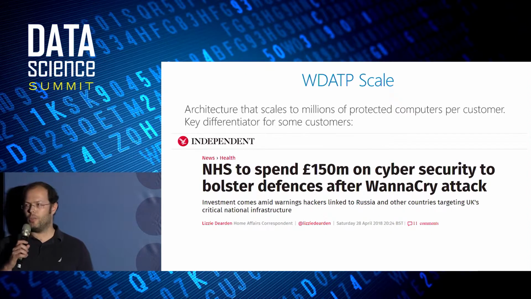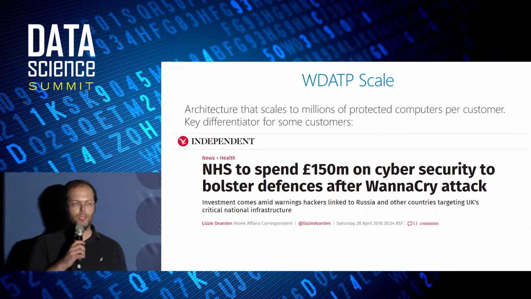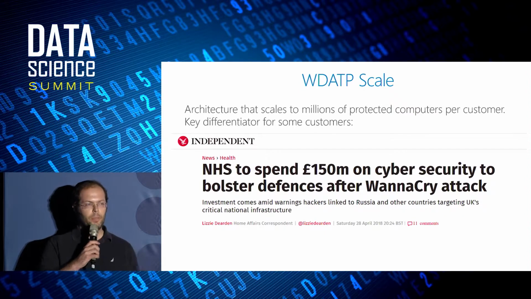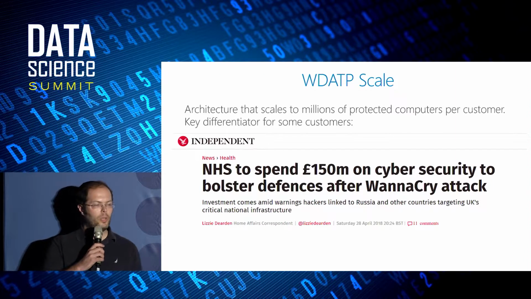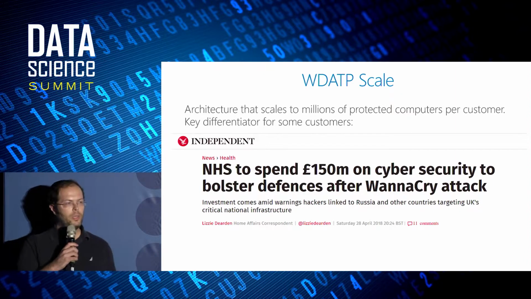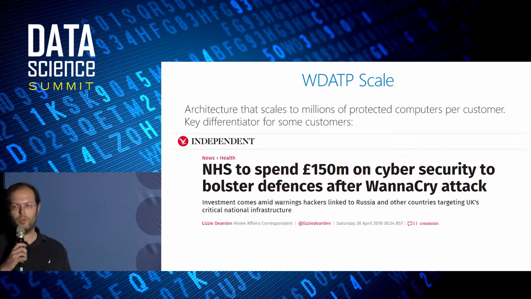One of the key factors behind the decision to use Windows Defender ATP was our ability to give them visibility to every one of their machines in their networks, which spans over 1 million endpoints. And we'll see what that means.